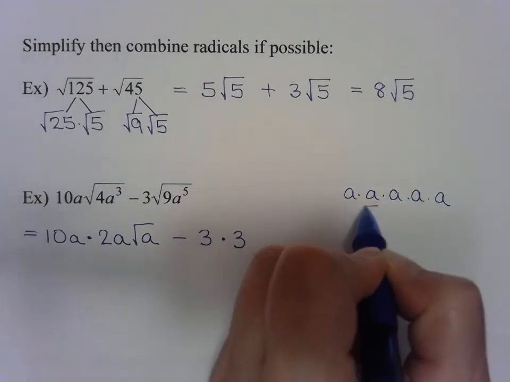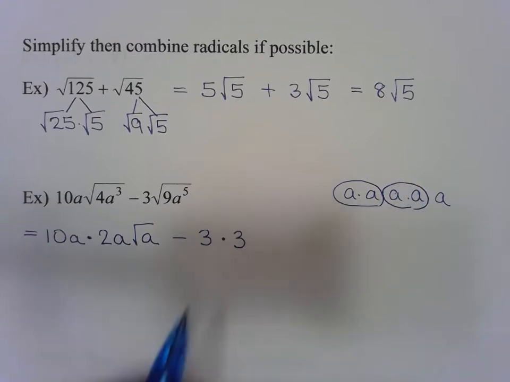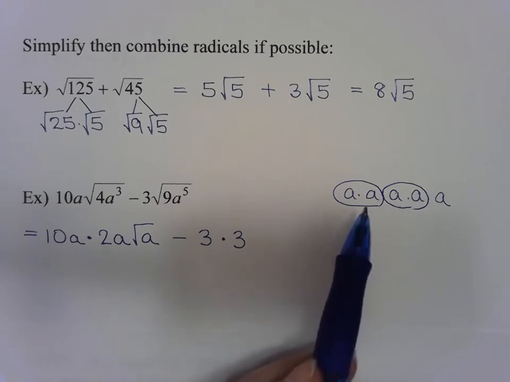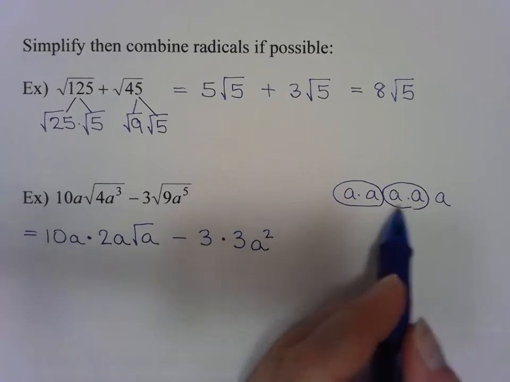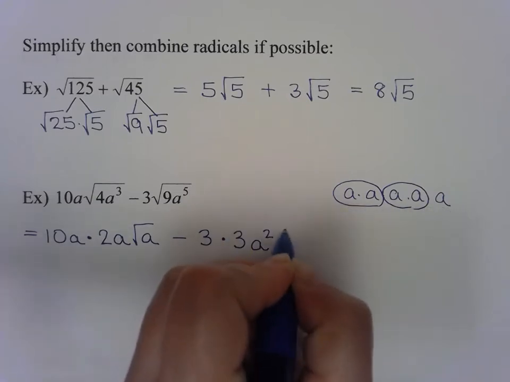For a square root, it's going to take one of 2 equal factors. So I can make 2 pairs out of 5. So that means 2 a's are going to come out. That accounts for 4 of them, but I have 1 left over without a pair, so that one stays inside.